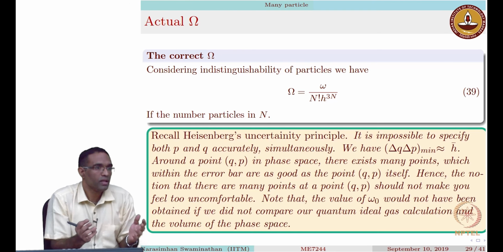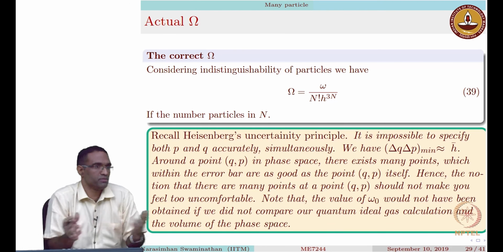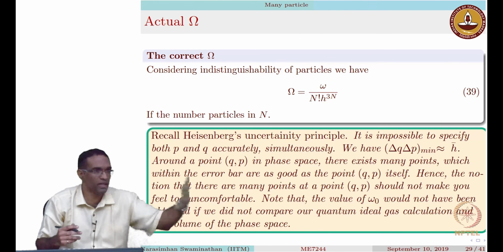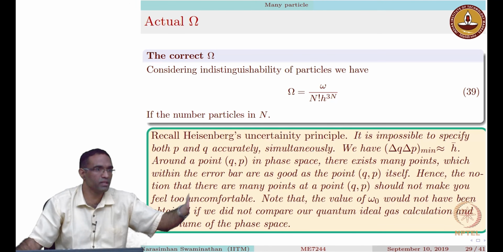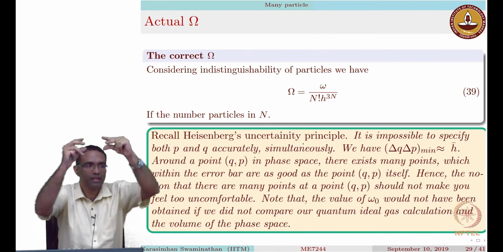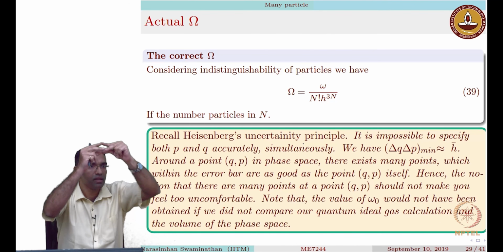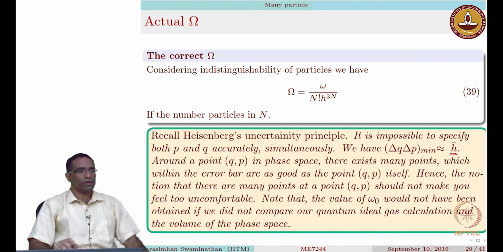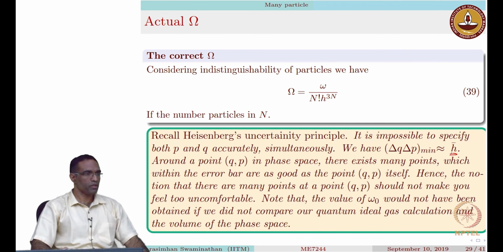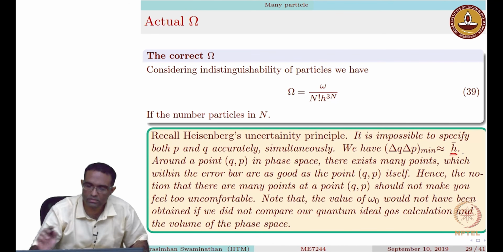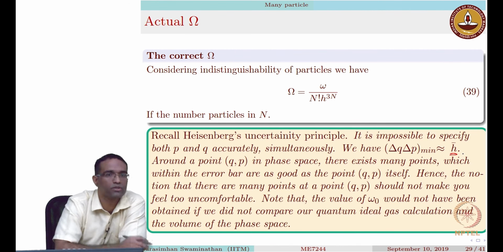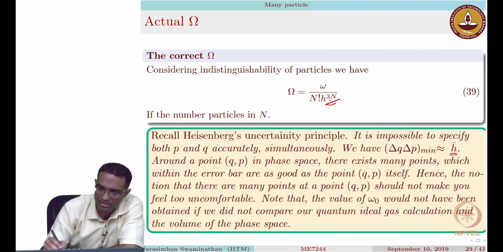I know that during the beginning of the class it was getting a little bit weird. I don't want you to understand those weird things. I just want you to keep in mind that the dp dq that we did there is okay, simply because you cannot specify both the position and the momenta of the particle beyond some uncertainty, which is in the order of Planck's constant, and you get that here.